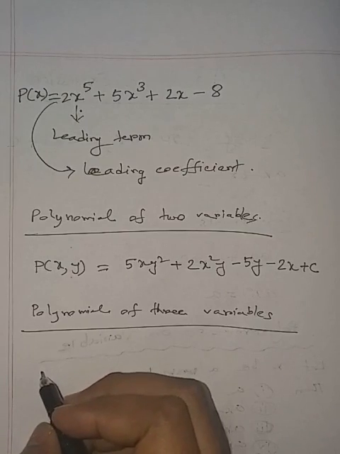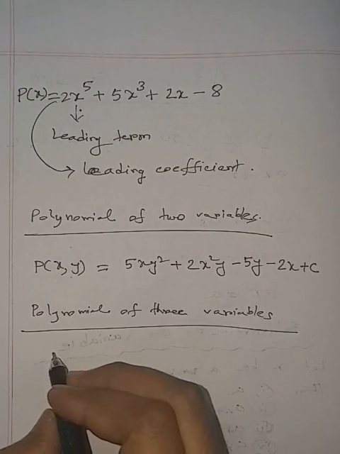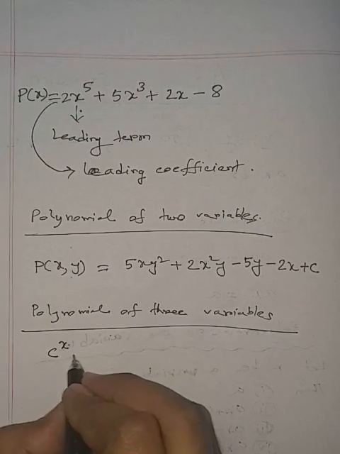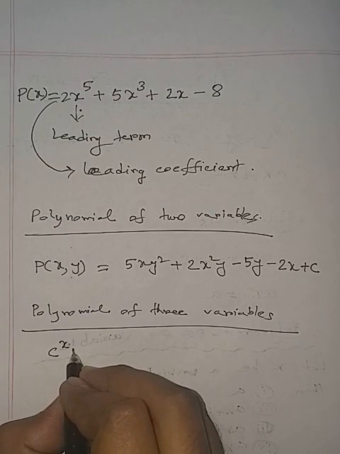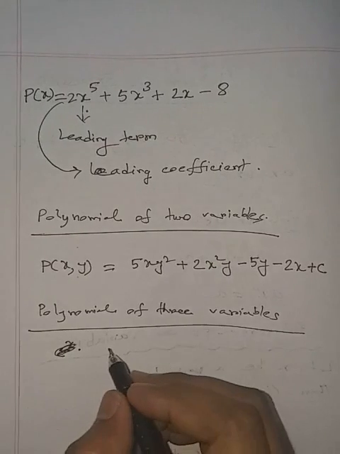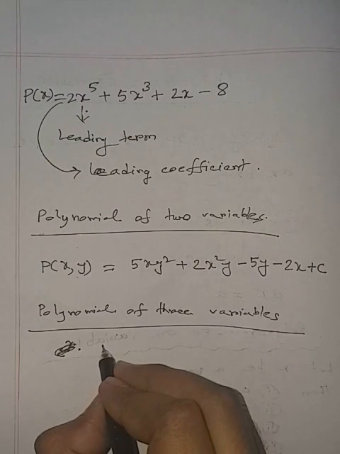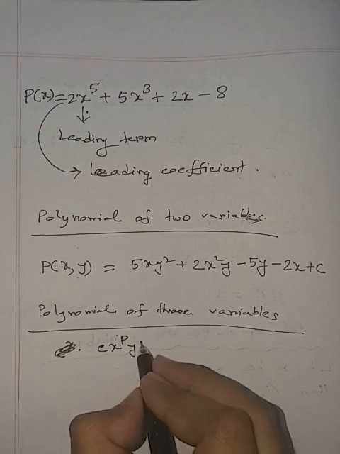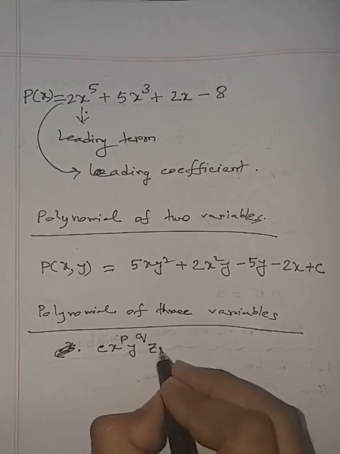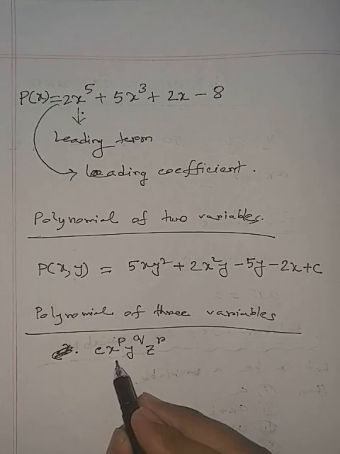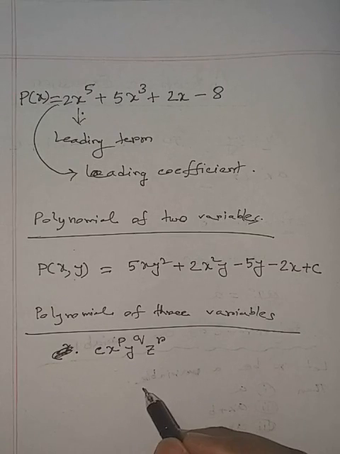For a polynomial of three variables, the term will be in the form of c x to the power p, y to the power q, and z to the power r, where x, y, and z are the three variables.